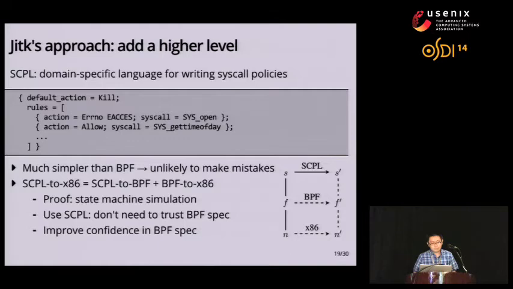Another interesting thing I want to emphasize is that we build an extra level above BPF, so programmers can choose to use our SCPL instead of directly writing BPF. Then you have a nice property of end-to-end correctness. In this case, you don't even have to trust the BPF spec, and you have higher confidence that the BPF spec is correct.